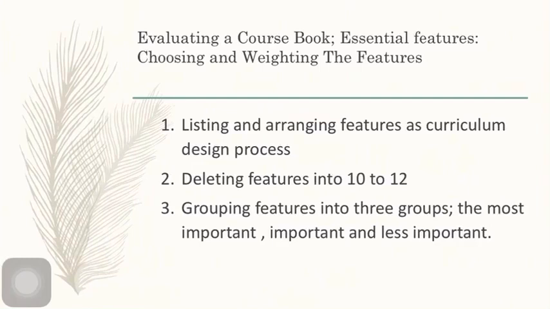And then the last one, grouping features into 3 groups: the most important, important, and less important. Why? Because this list of features does not include the absolutely essential features, which should be listed separately. There are several reasons for dividing the features into groups. First, it helps to clarify priorities.